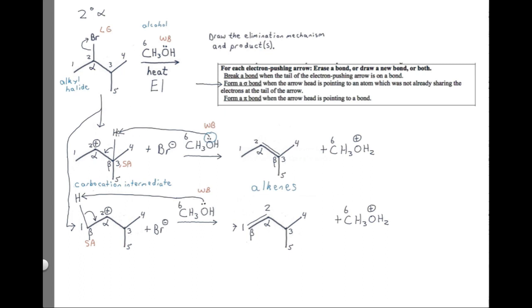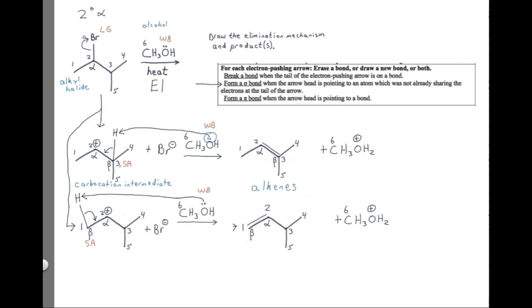Right now, the hydrogen has no possession at all of this pair of electrons on the oxygen. So this is a situation where the atom at the head of the arrow, the hydrogen, is not already sharing the electrons at the tail, the lone pair on this oxygen. So this arrow meets this qualification. So this is an arrow that told us to form a sigma bond.